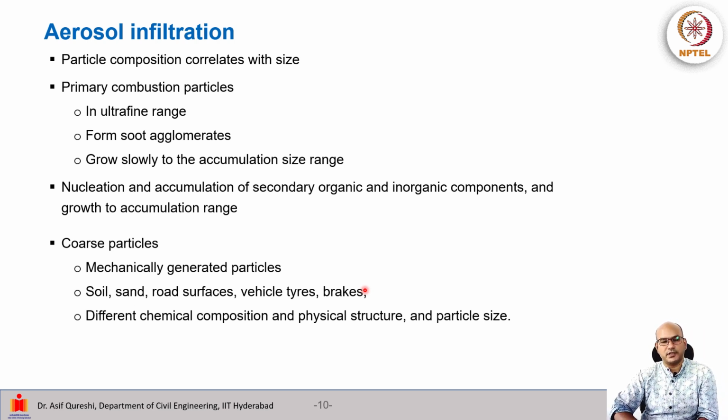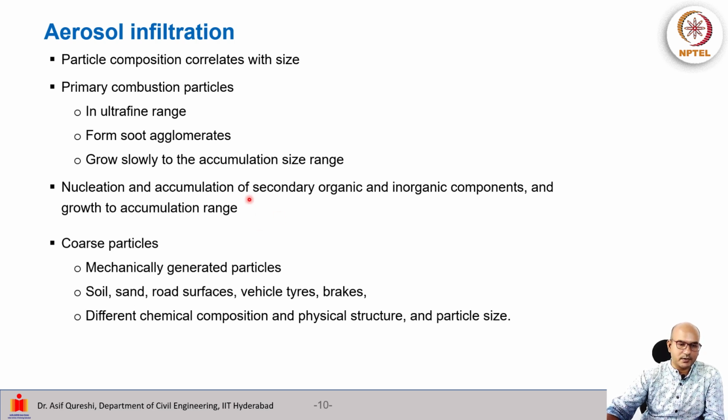But these will be mostly the coarser particles, and these of course will be of different composition depending on whether it's soil or tire or brake related or what kind of road surfaces. They will have different physical structure and chemical composition, and also particle sizes. So when we say particle sizes, again quickly we can think about the infiltration being higher in the accumulation mode. So for primary combustion particles, they have to grow.